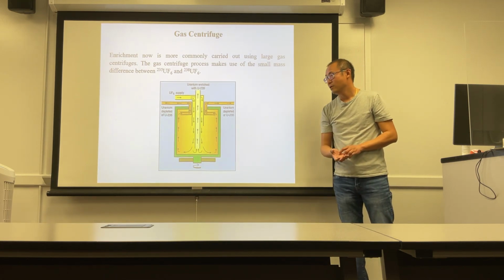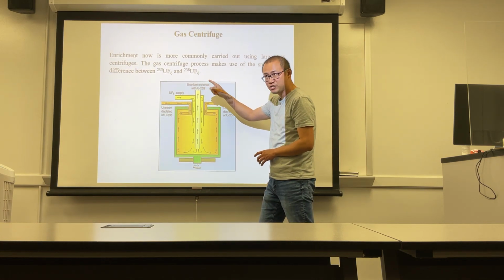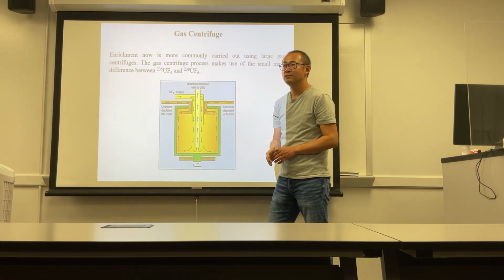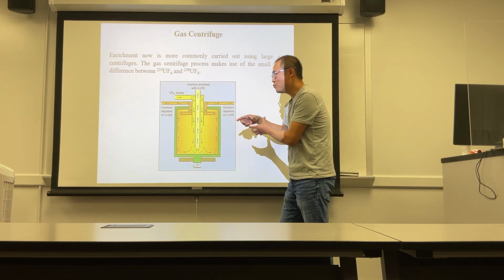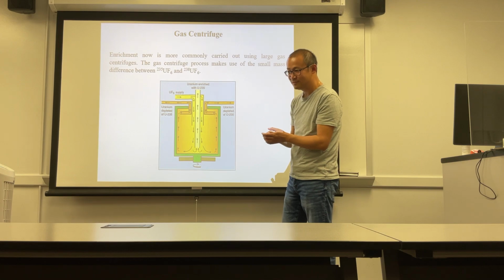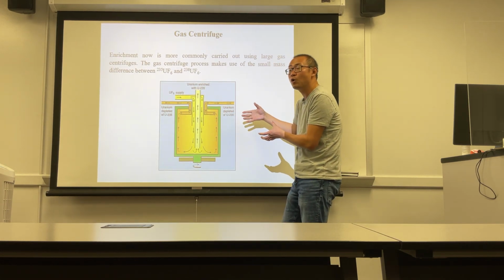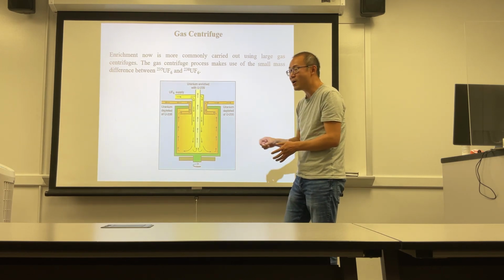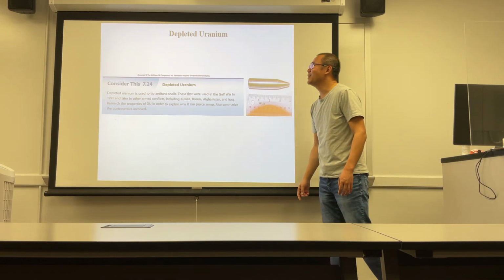Now, after we get more uranium-235, we call this enriched uranium. But we also have a name for the part with more 238. Remember, if you take more 235 out, you end up with more what? 238. We call that depleted uranium.